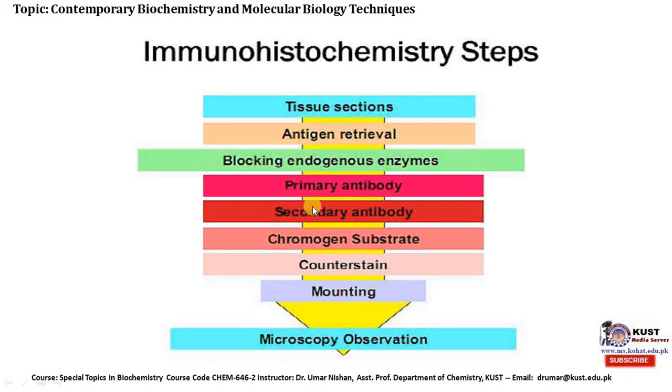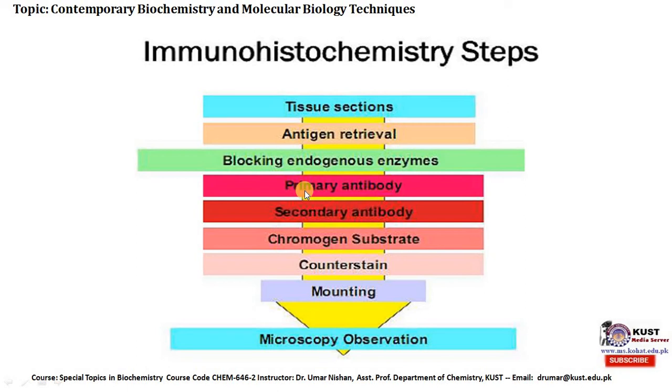The other step is secondary antibodies. Secondary antibodies are the ones which are specific for binding of primary antibodies, which means that secondary antibodies can only attach with the primary antibodies.